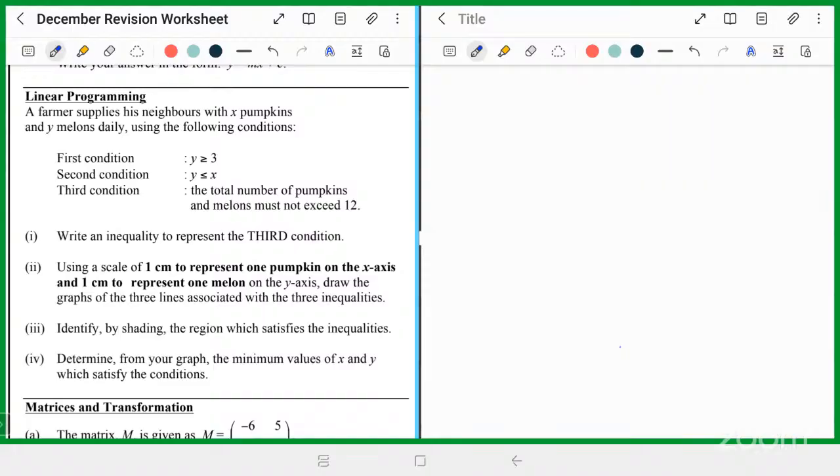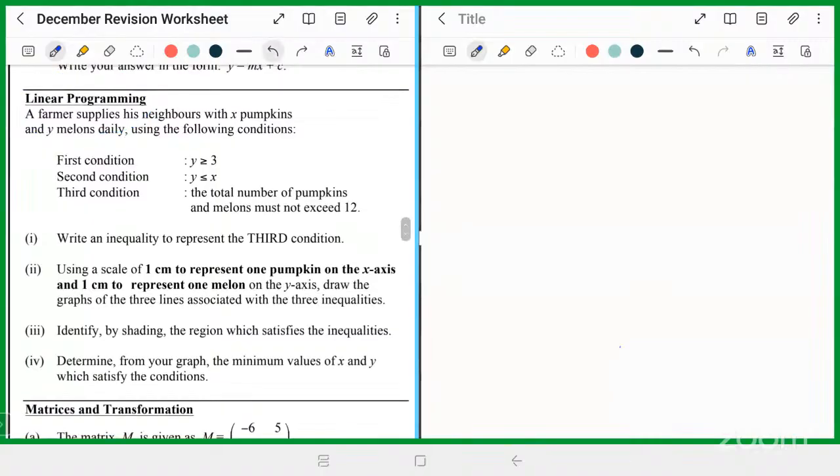The first question here is a linear programming question. I know all these questions are from past papers. This one says a farmer supplies his neighbors with X pumpkins and Y melons daily. So X is the number of pumpkins, Y is the number of melons. You don't know X and you don't know Y. You have to always remember that.